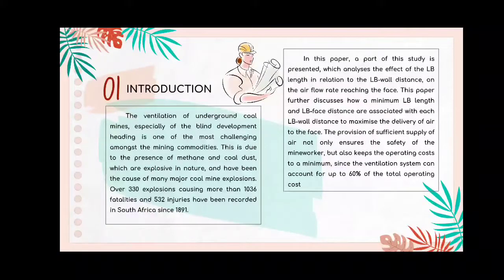The provision of a sufficient supply of air not only ensures the safety of the mine workers, but also keeps the operating cost to a minimum, since the ventilation system can account for up to 60% of the total operating cost.